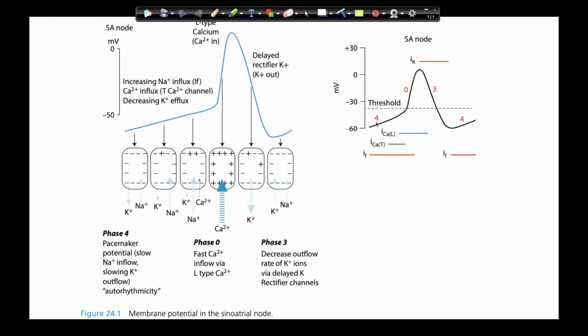After that, it reaches your threshold potential, approximately minus 35 millivolts, and then you get increasing calcium through the L-type, long-lasting channels. That causes depolarization of phase 0. You can also confirm on this diagram here that it's the L-type calcium causing depolarization.